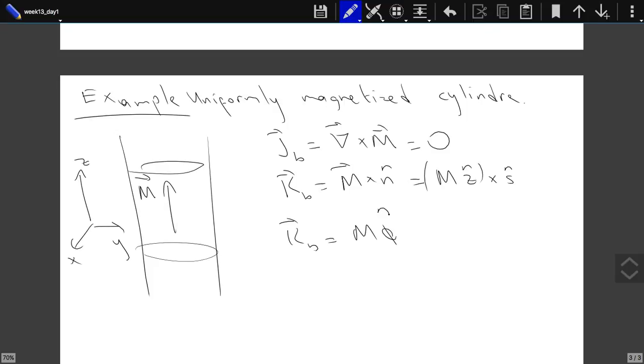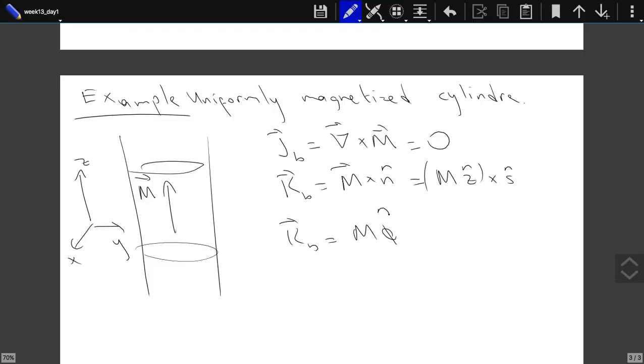There is a uniform current running on my system. Well, this is basically a solenoid and nothing else. Remember what a solenoid is. In the case of the solenoid, we just described it as wires running around, but the only purpose of the wires is to create a uniform surface current density.